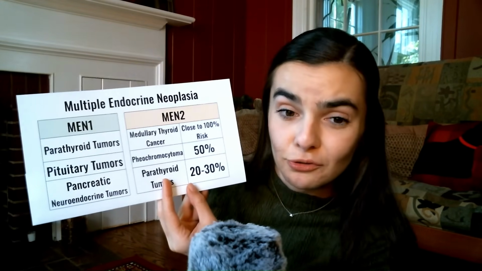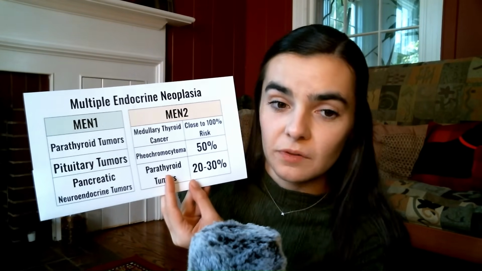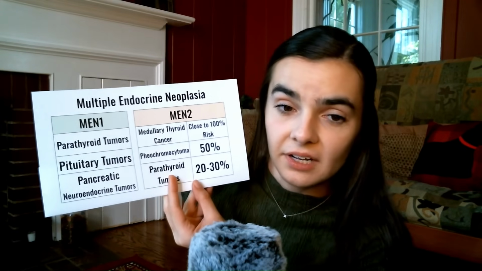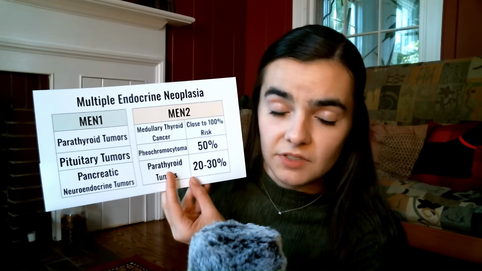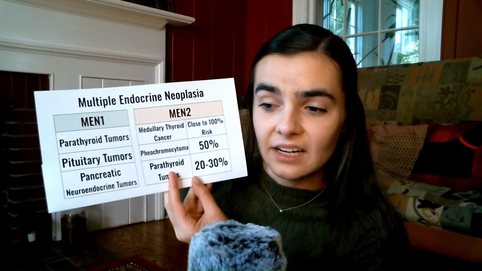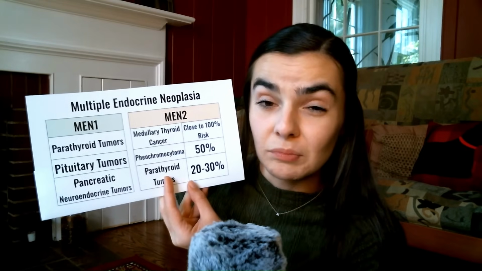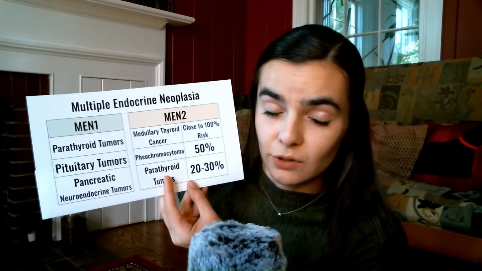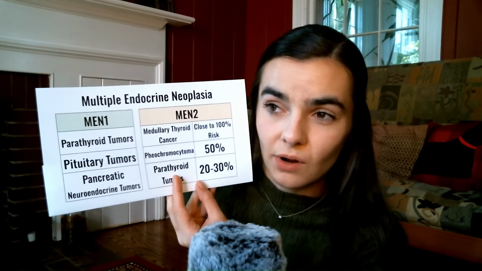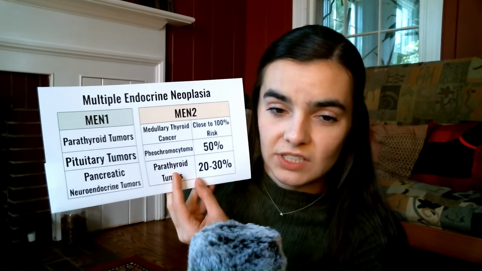Close to 100% of people with MEN2 get medullary thyroid cancer. It is very, very common. If someone has MEN2, they are supposed to get their thyroid removed at like 5 years old or before 5 years old, because the risk is so high for MTC.